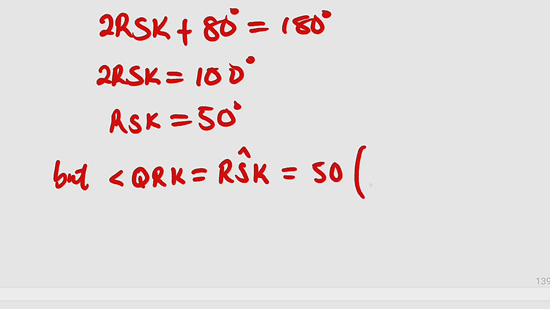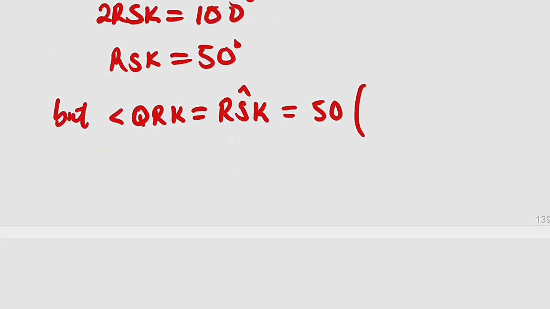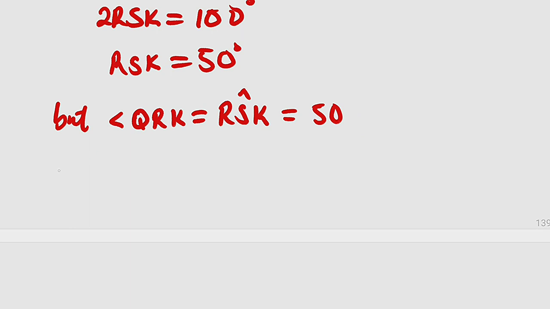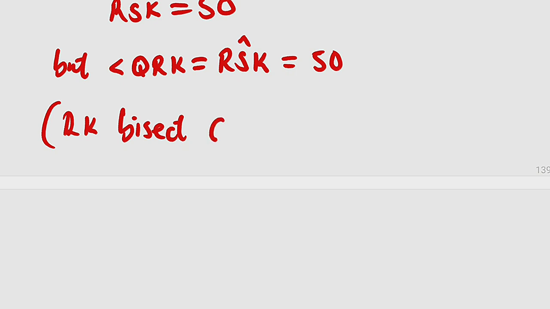You can state the reason: because RK is a straight line that bisects which angle? QRS. This is the reason.